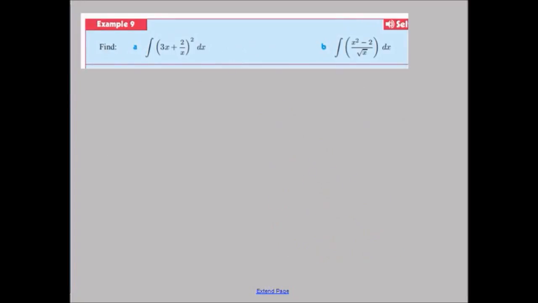And our last set of examples for this video: the integral of 3x plus 2 over x, squared, dx. So we need to expand those brackets and simplify to a form that can be integrated.